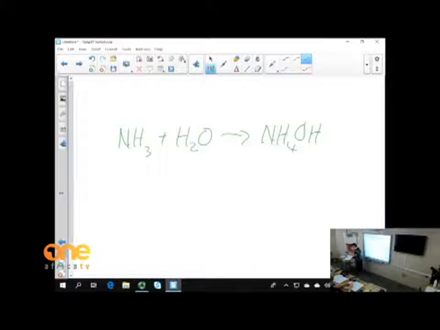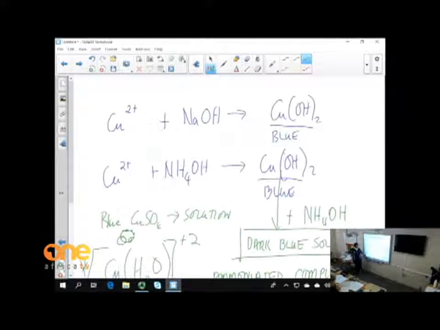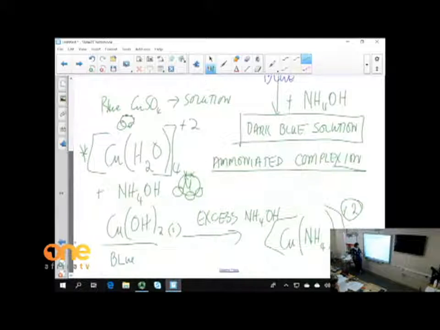So when the ammonium hydroxide is added, the first reaction that occurs is the formation of insoluble copper hydroxide. That was this one, over there. And then when excess is added, on the right-hand side, just this second paragraph, when more ammonium solution is added, a new complex ion forms in which the water molecules are replaced by the ammonia molecules.